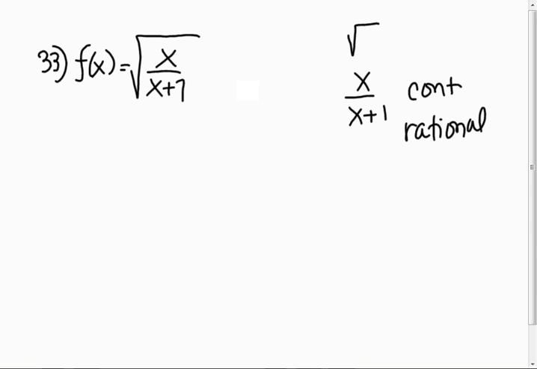So that's going to be continuous everywhere except, okay, x can't be negative 1. That's the obvious one. There's another thing, though. What's true about what's under the root? X over x plus 1 has to be greater than or equal to 0.